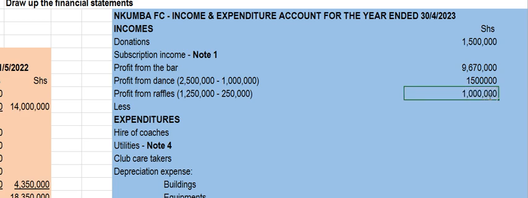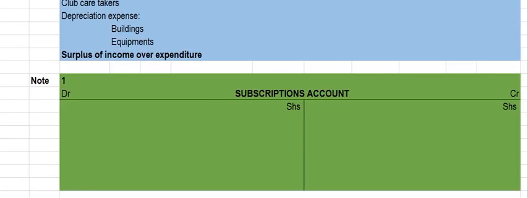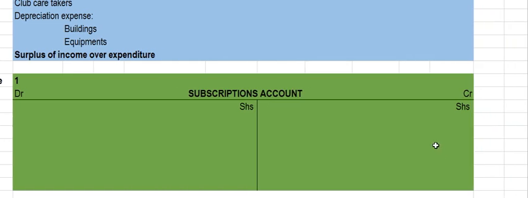Then the other income is subscription income, but of course we have to find out exactly how much should be recognized in the income and expenditure account. So you will prepare a subscriptions account, because we have the outstanding balance and the subscriptions in advance.